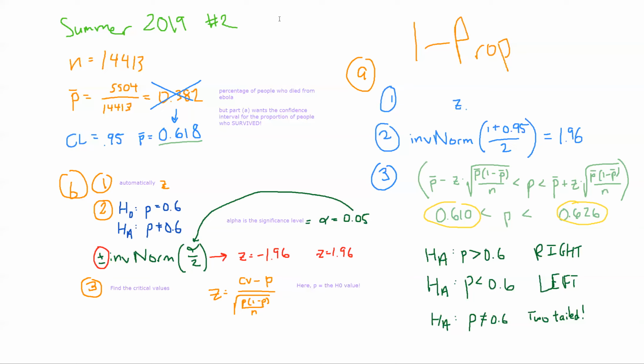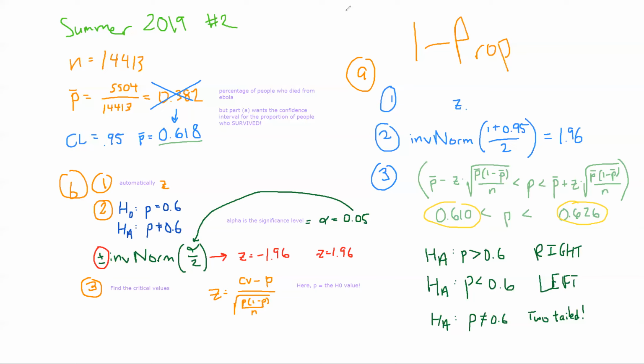So I want to highlight one key difference between the rejection region method and the confidence interval method. Notice that inside this giant radical, we see P and P. We don't see P bar as we saw for the confidence interval method. For the confidence interval method, you use P bar, but for the rejection region method, you use P. So I want to highlight that difference one more time.